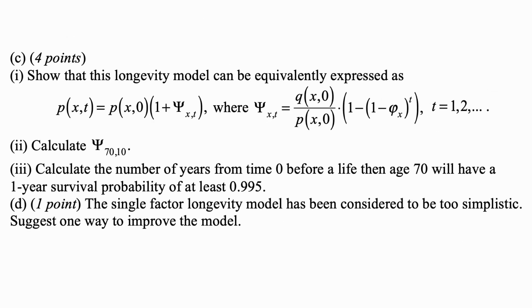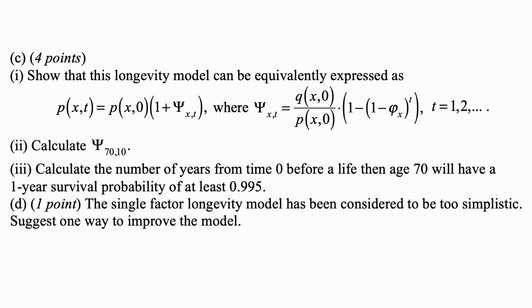Question C. Part 1. Show that this longevity model can be equivalently expressed as P of xt, that's probability of survival, instead of probability of death, which is Q, equal to P of x0 times 1 plus psi xt, where psi xt is Q of x0 divided by P of x0 times 1 minus the quantity 1 minus phi x to the power t, for t equal to 1, 2, and so on.